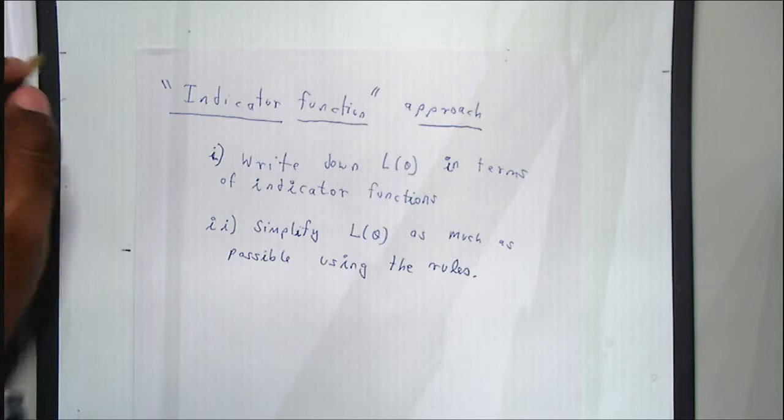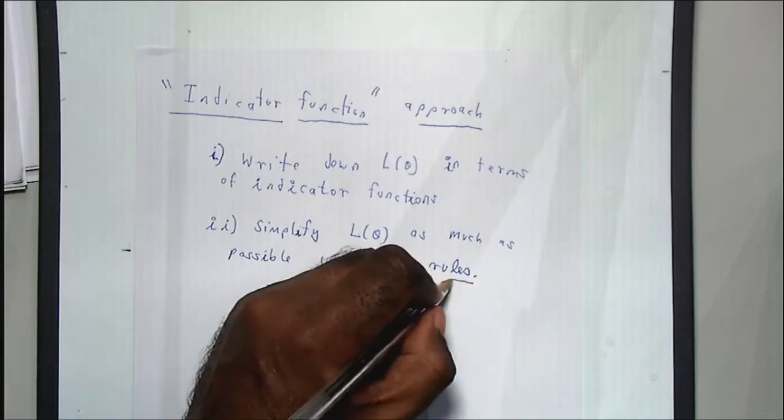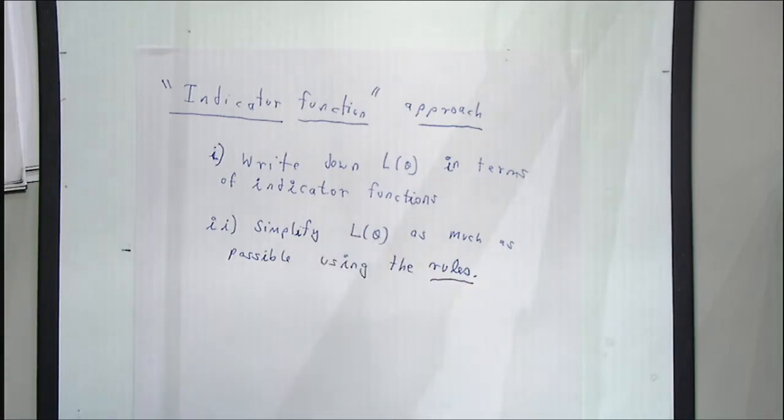Second step is to simplify the likelihood function as much as possible using the rules. When I say rules, I mean these ones here. These three are the rules.